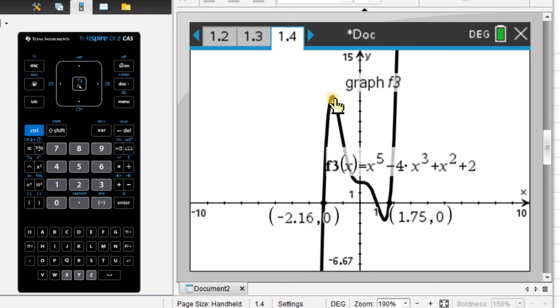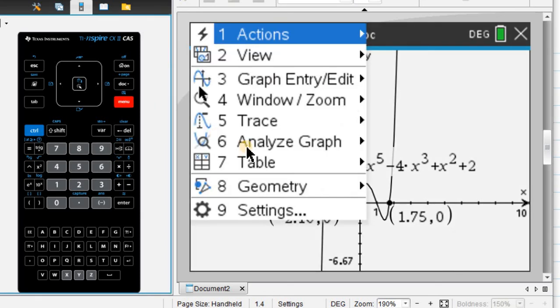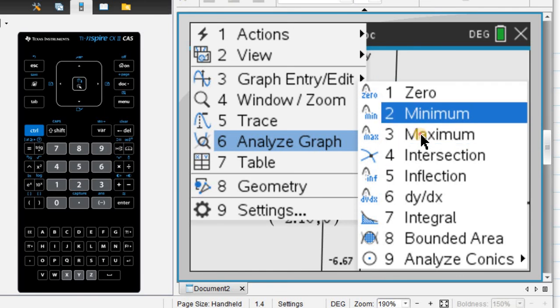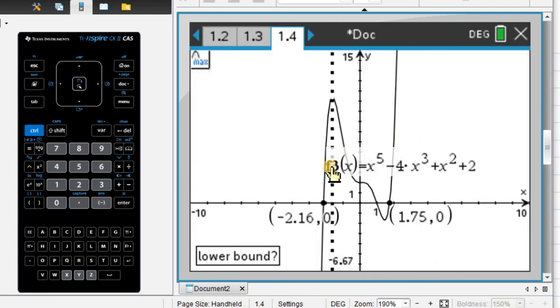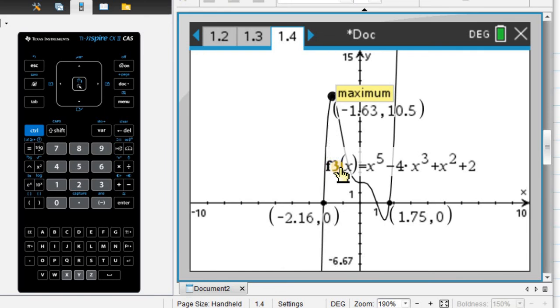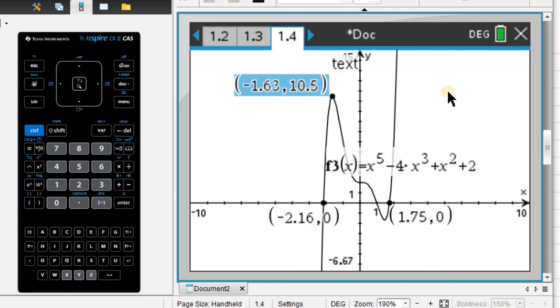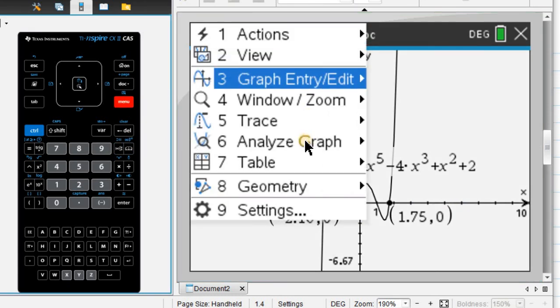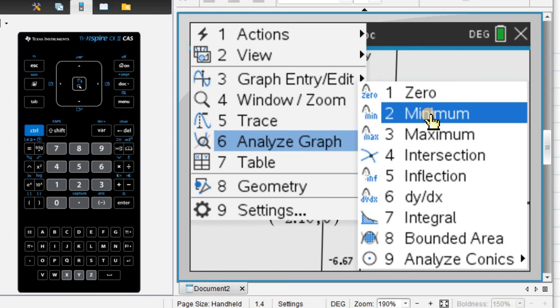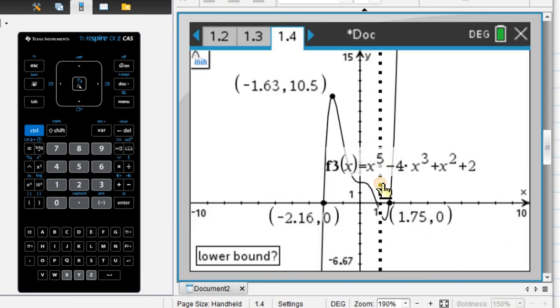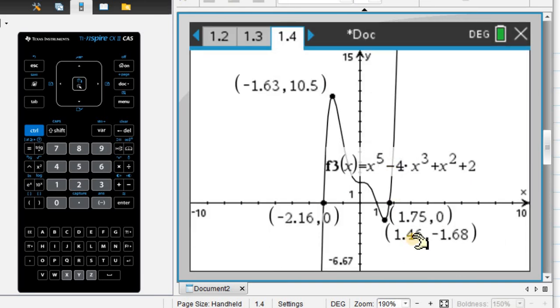To find our turning point that's a max, I hit menu, analyze graph, choose max, set my boundary to the left of the peak and to the right of the peak, and there it is, my maximum. I can then do the same with the minimum: menu, analyze graph, minimum, to the left of the valley, to the right of the valley, there's my minimum.